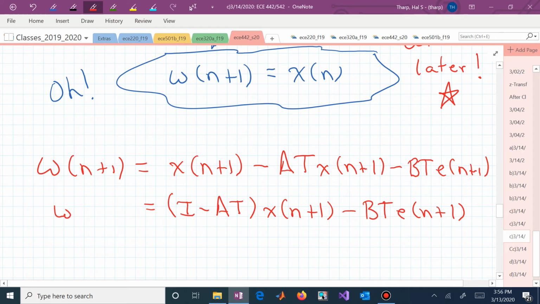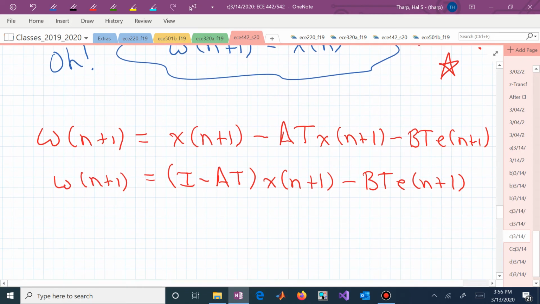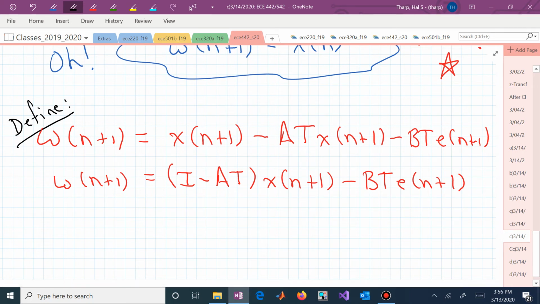And that's w of n plus 1. That's now the relationship between this new definition we just defined, and that's okay. We can just create a new vector. This new vector w at n plus 1 is a matrix I minus A t times x of n plus 1 minus B t times the input at time n plus 1.